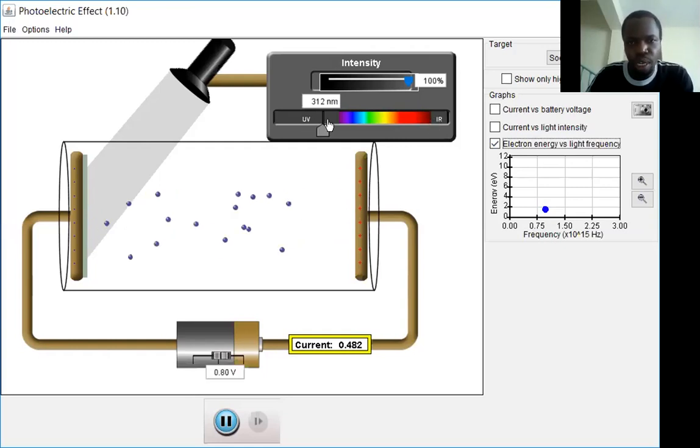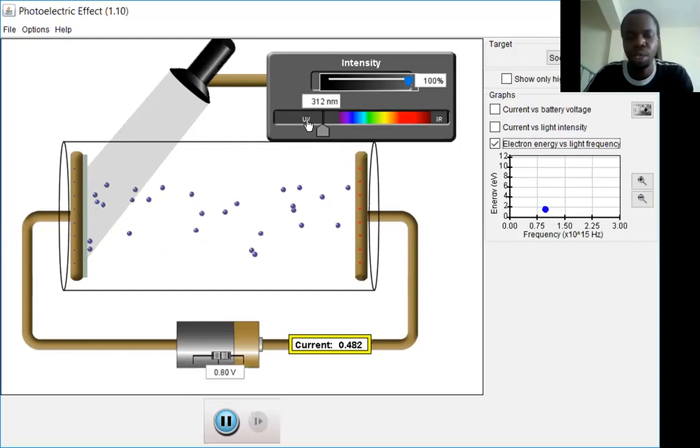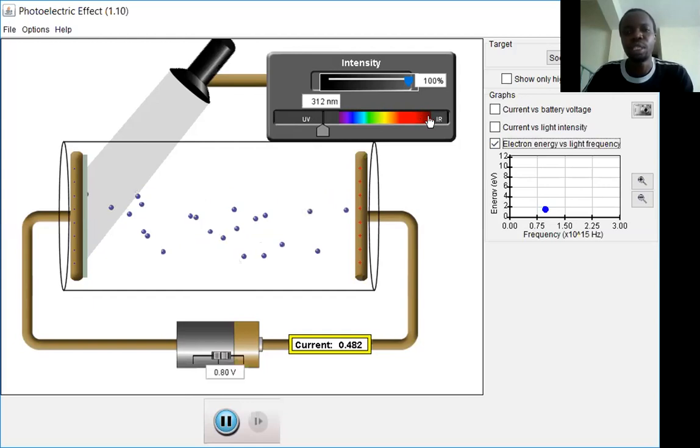So as you move along, you're moving from ultraviolet all the way to infrared. In between, if you remember what we have in the electromagnetic spectrum, from ultraviolet you go to violet, all those other colors in between, and then you move to indigo.